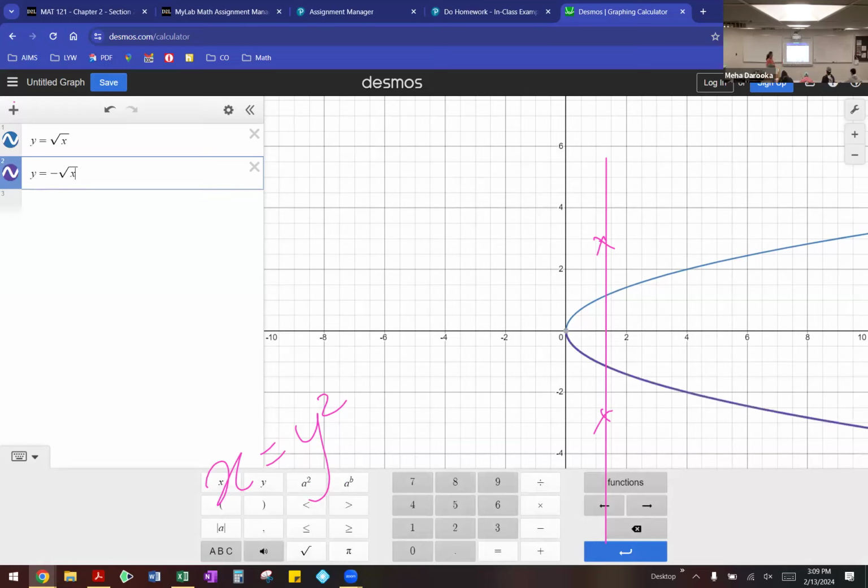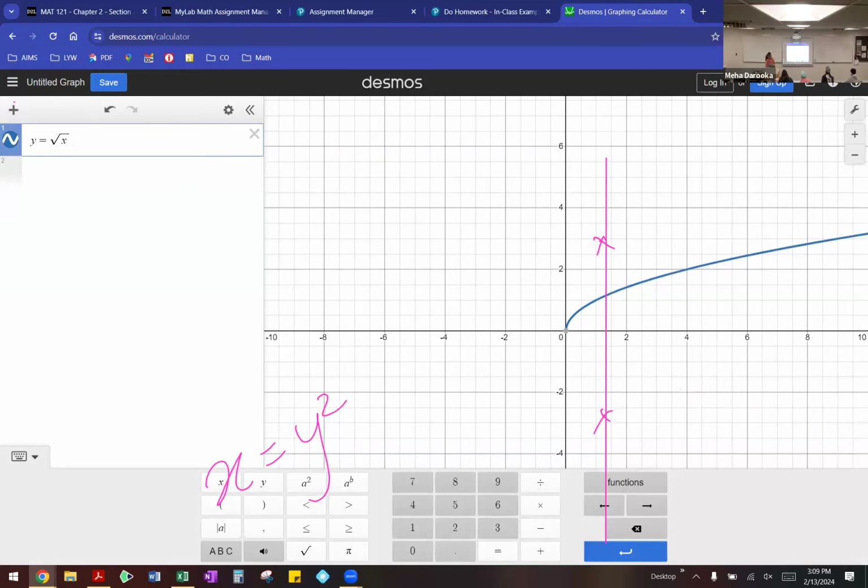So you can see if I did square root of x and negative square root of x, together they make the x equals y squared function, but each one individually is a function, right? Together it's a relation, but if I separate the upper arm and the lower arm, each one individually becomes a function. So that's kind of what's happening over here.